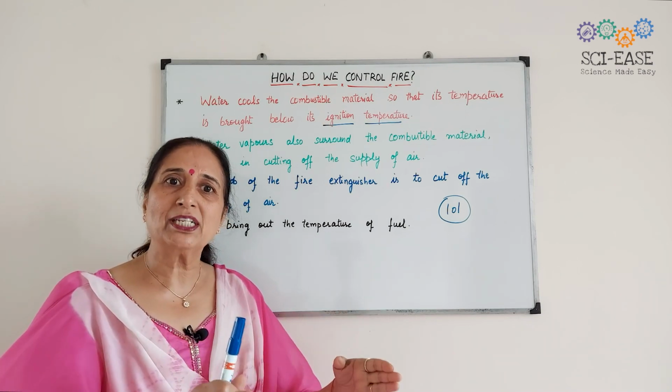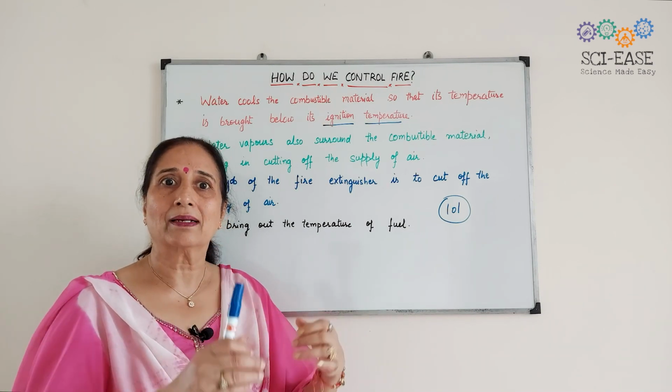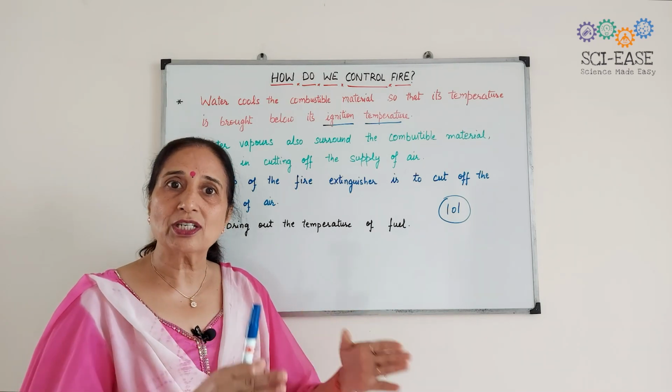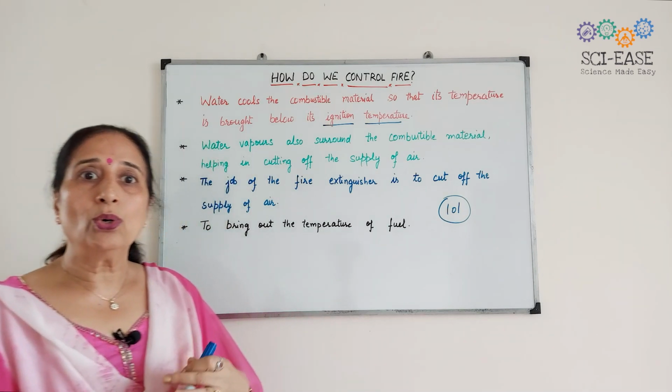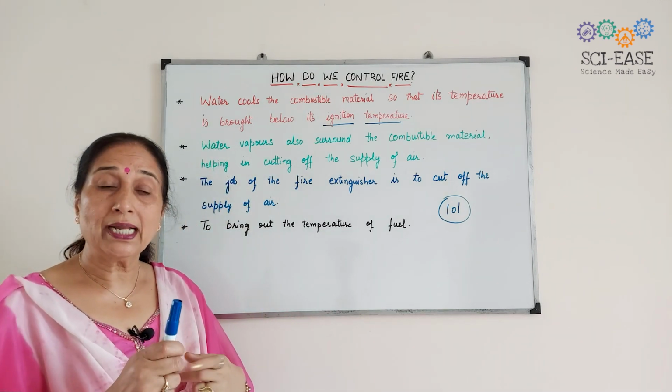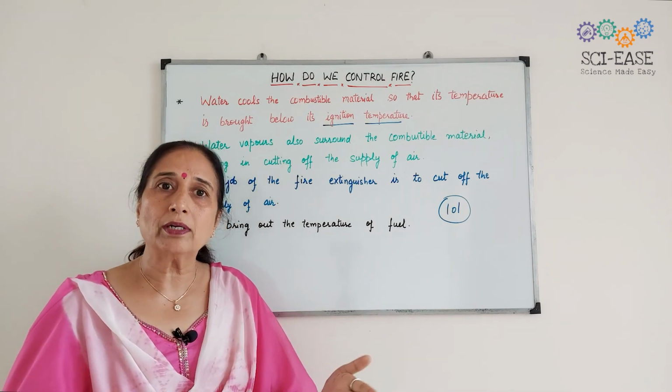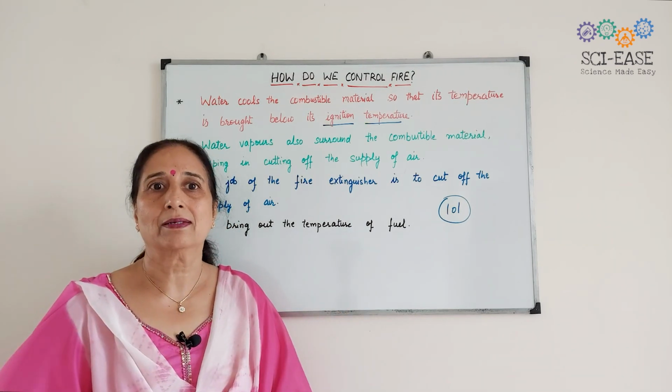Here the combustible material, that is the building, is the fuel. It catches fire, so we have to put water over it. And the second role of water is that when we put water, it changes into water vapors.